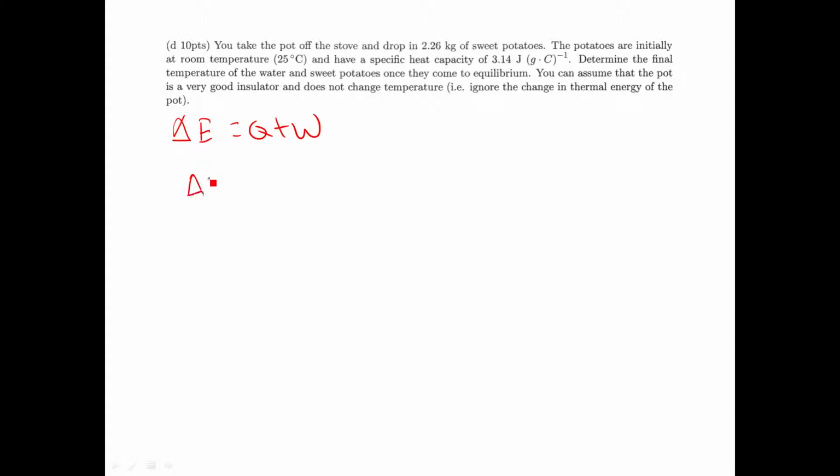So delta E thermal of the potatoes is going to equal delta E of our pot, because they both come to equilibrium, so we know that they're equal to each other after some time. And we can ignore delta E of the pot. So basically, what that says is delta E equals 0.